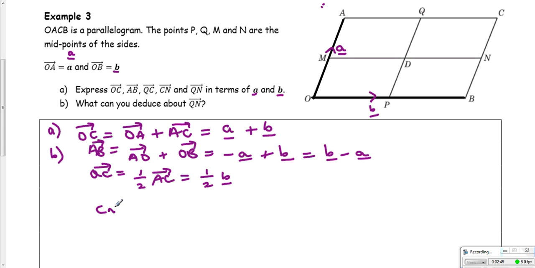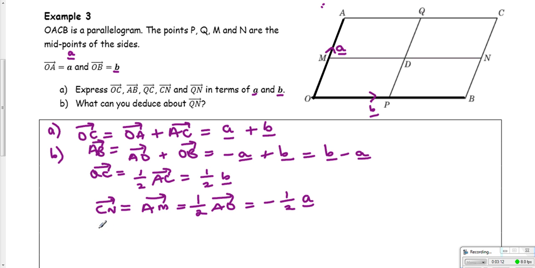Next one, CN. C to N. Going from C to N is the same as going from A to M, same vector. And we know what AM is because it's half of AO, half of this side going backwards down a, and so it's minus a half a.